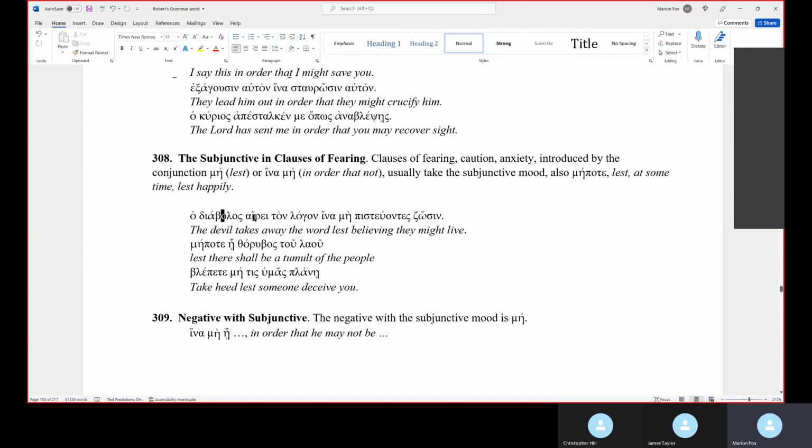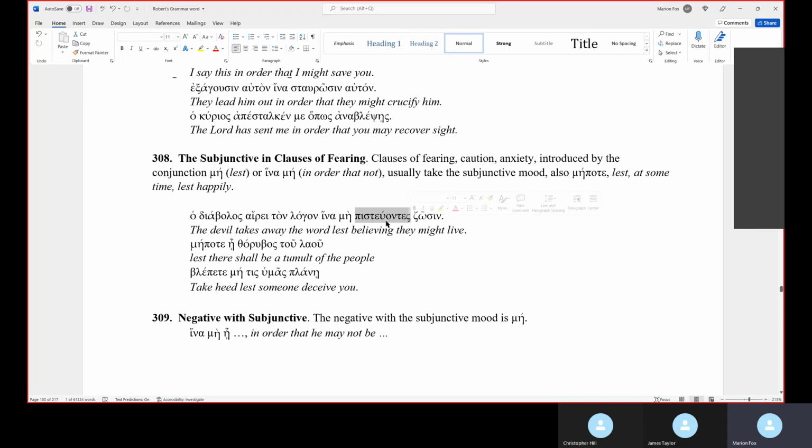takes away, and so he carries away the word. And of course, this is probably from the parable of the soils or the sower. The word, in order that, why does he carry it away? Because he knows it has the power to produce faith, Romans 10:17. In order that not, lest, see that's lest up here, that not believing they may be saved.